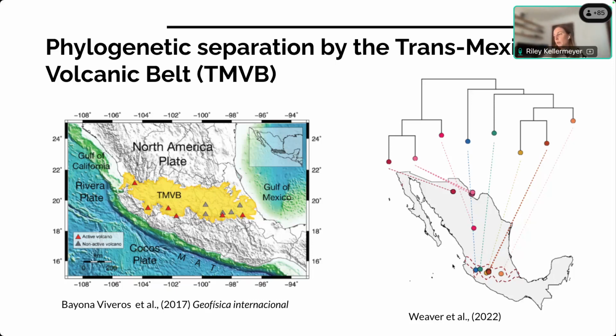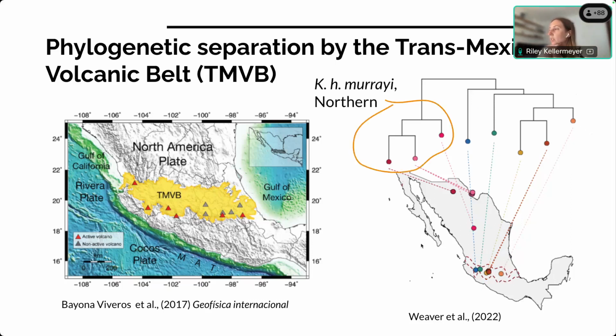And what we found in 2022 is that these subspecies of Kinosternon hirtipes down here, when you put them on a phylogenetic tree to just graph their relationship in time, separate quite distinctly based on if they are within the Trans-Mexican Volcanic Belt or north of it up here.